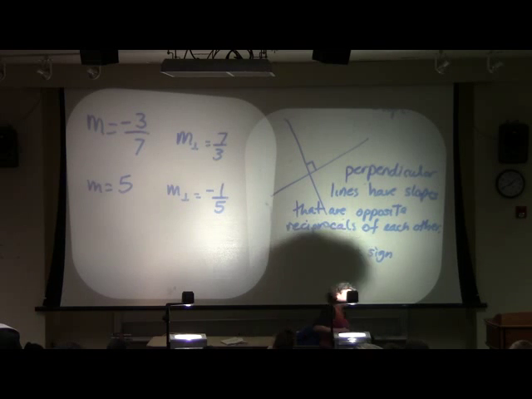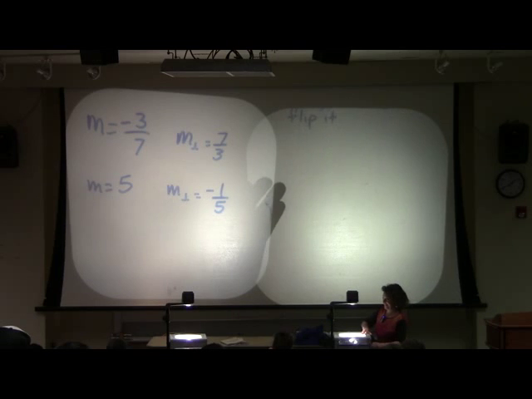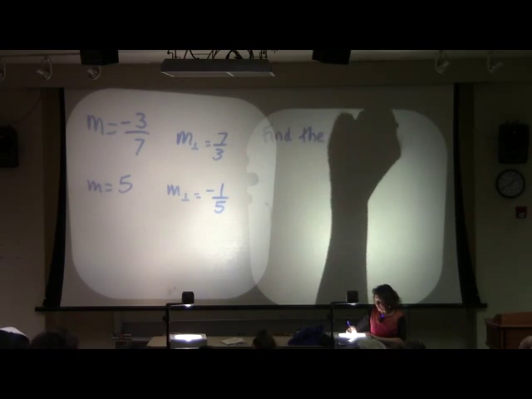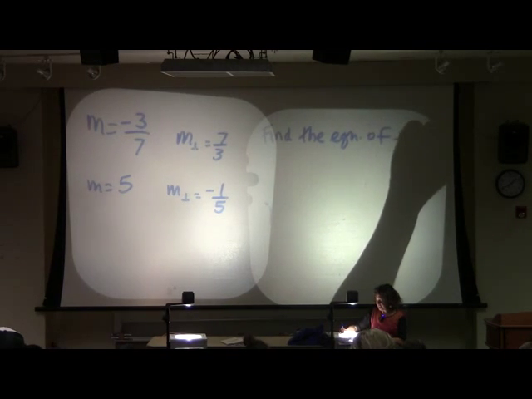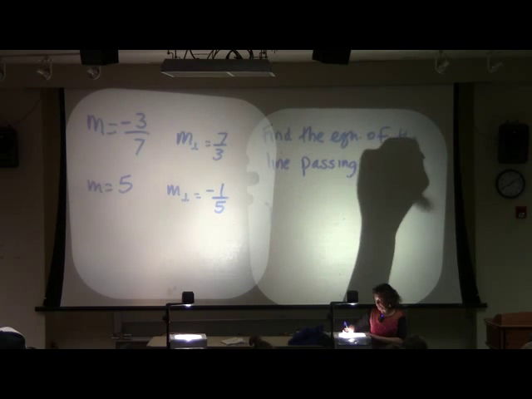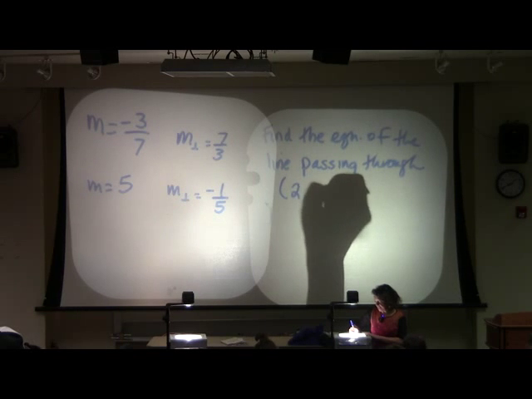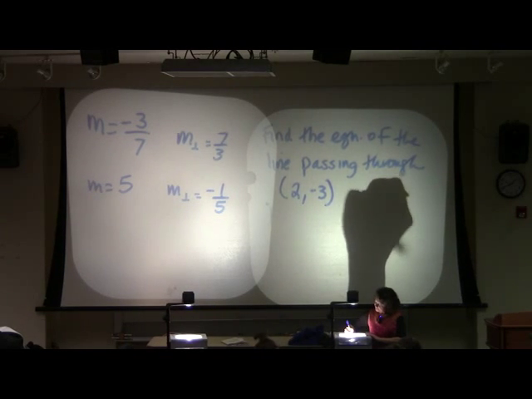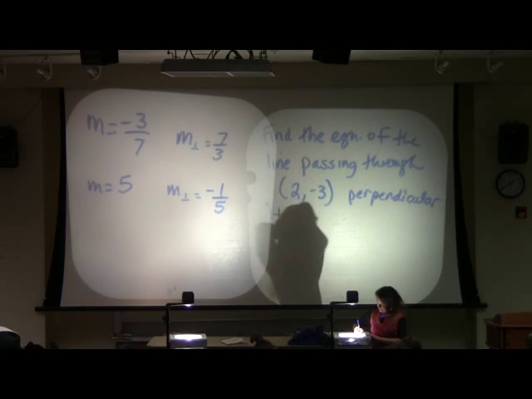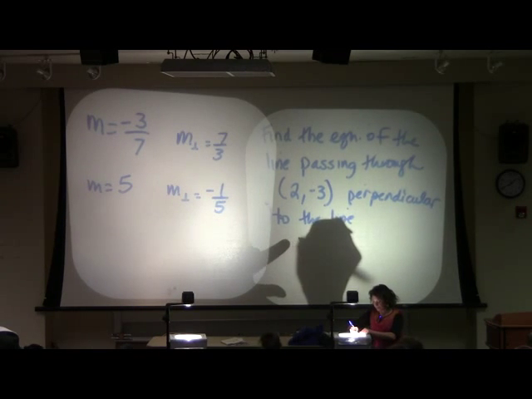All right, so let's play with an example. What if I want you to find the equation of the line passing through, how about (2, -3), that is perpendicular to the line. Give me 1 second here.